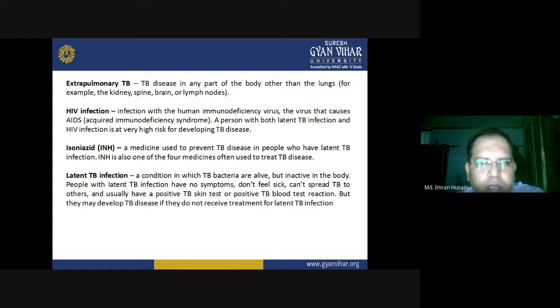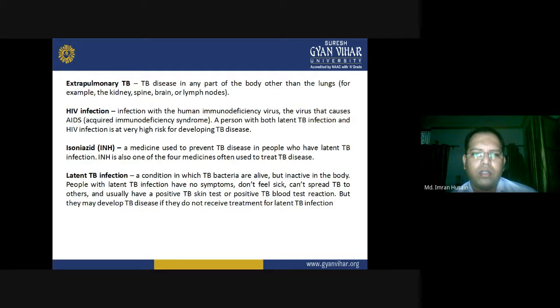Extrapulmonary TB: TB disease in any part of the body other than the lungs, for example the kidney, spine, brain, or lymph nodes. HIV infection: infection with the human immunodeficiency virus, the virus that causes AIDS. A person with both latent TB infection and HIV infection is at high risk for developing TB disease.